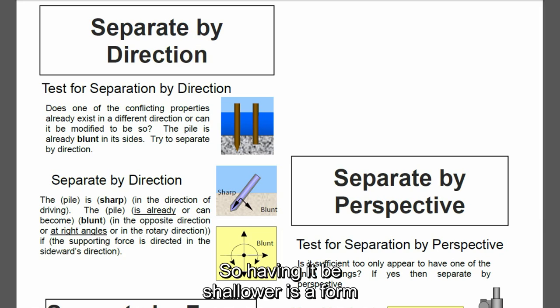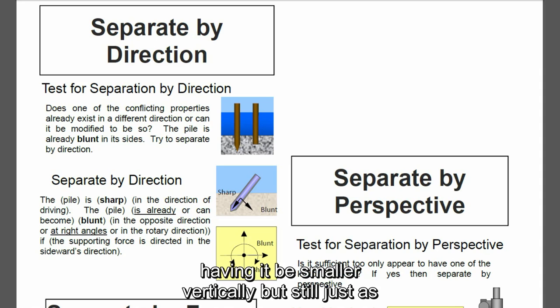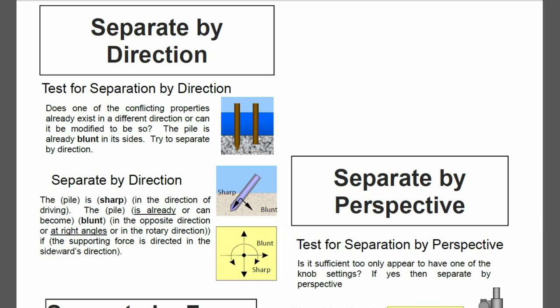So having it be shallower is a form of separating in direction, as you're having it be smaller vertically, but still just as large horizontally.